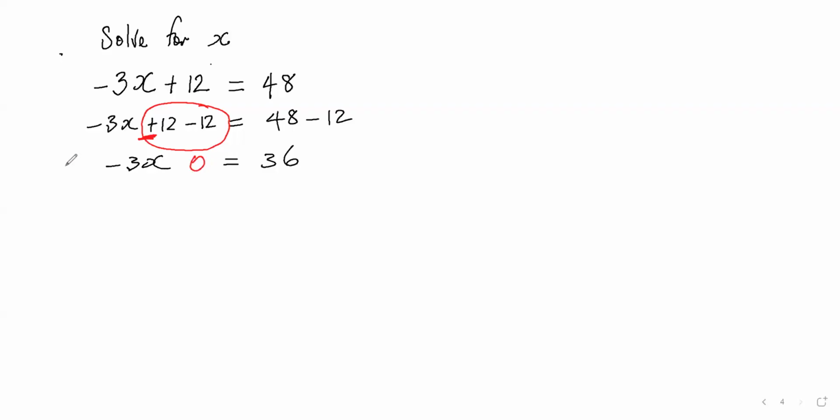Right, so that's why there's nothing here. There's nothing there because it's 0. The 0 is understood. And 48 minus 12 is how much? 36. Good. So write this down quickly.